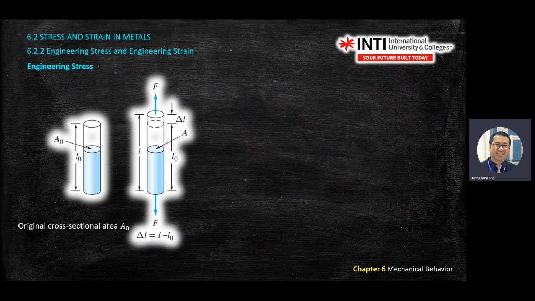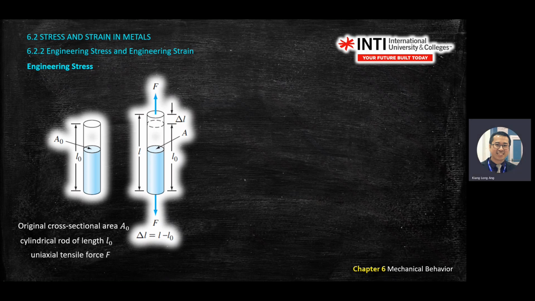So it gives you a tensile loading or tensile force. And with this tensile force, it will give deformation. So you have two types of deformation just now, elastic and plastic. Recoverable or permanent. In this case, we don't know yet, right?